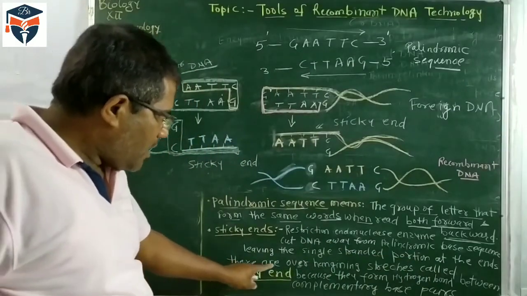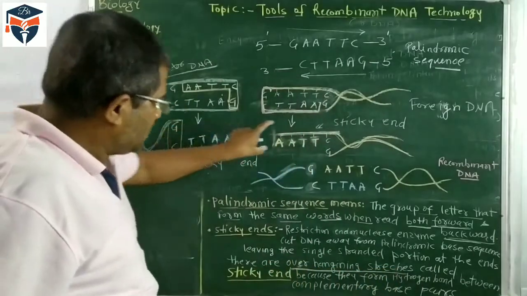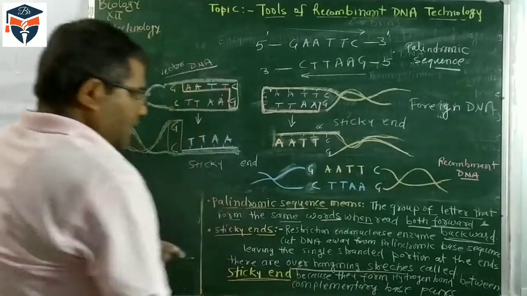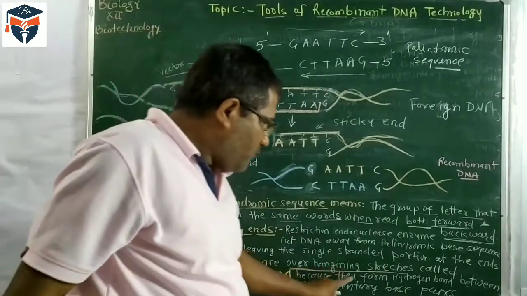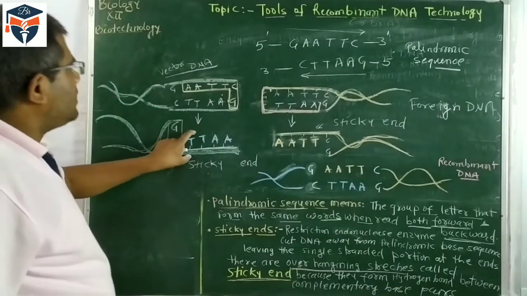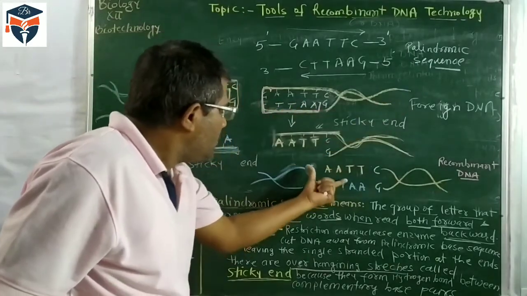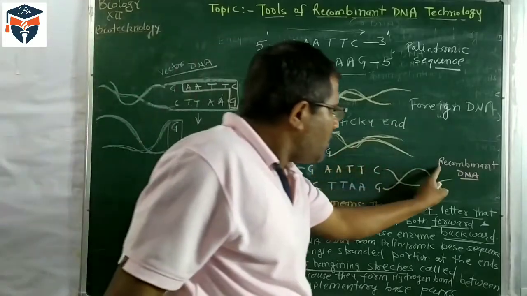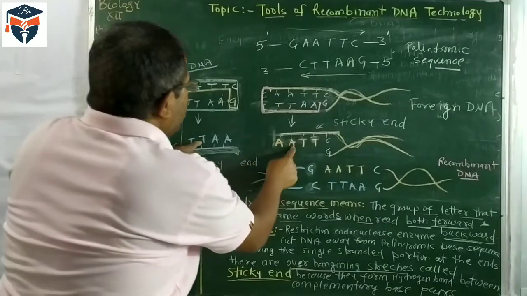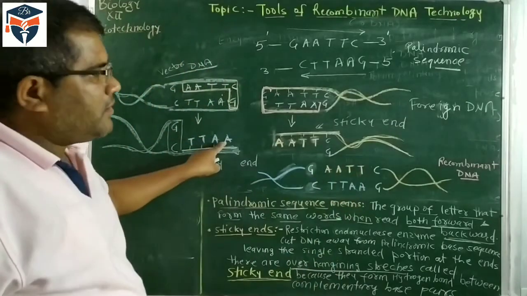These are overhanging stretches, and they are called sticky ends because they form hydrogen bonds between complementary base pairs. Now the sticky end of the vector DNA and the sticky end of the foreign DNA combine together to form the recombinant DNA, because T will combine with A and A with T, and this recombinant DNA is formed.